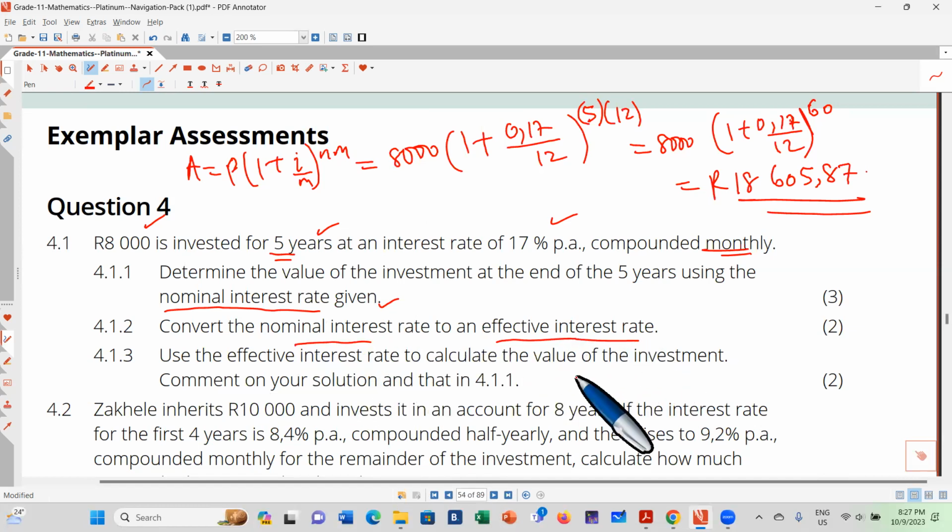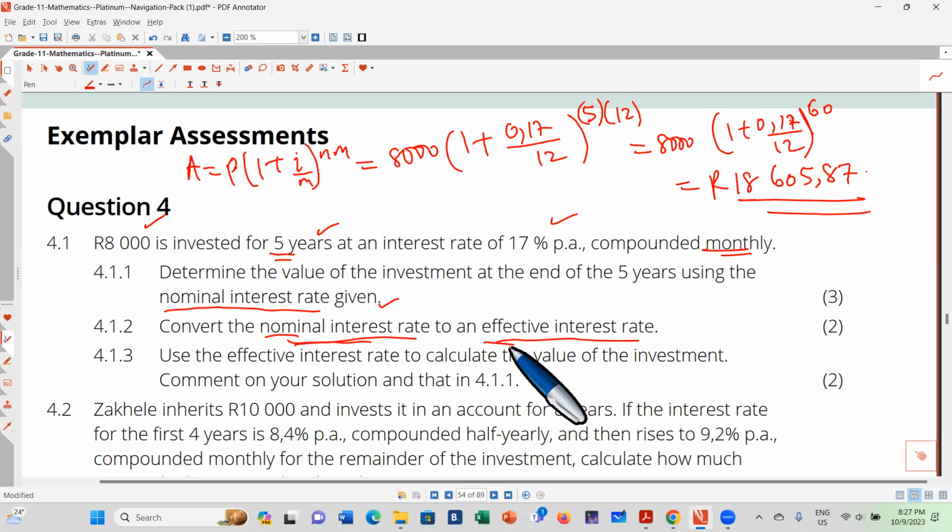Okay, so we're learning two kinds of rates, the nominal interest rate and the effective interest rate. The effective interest rate is calculated as follows. You need to just convert the rate.